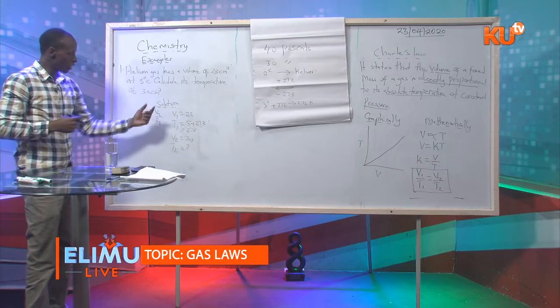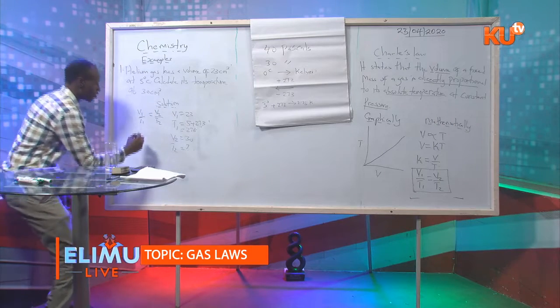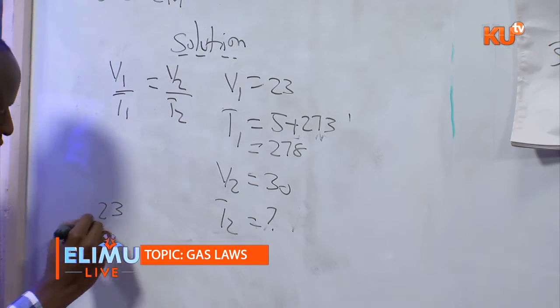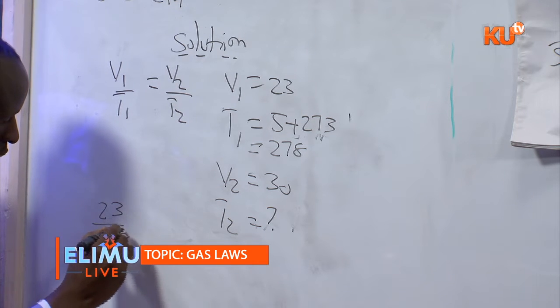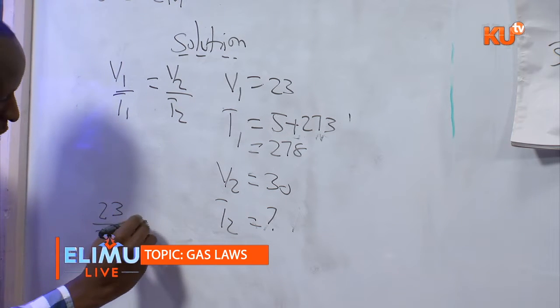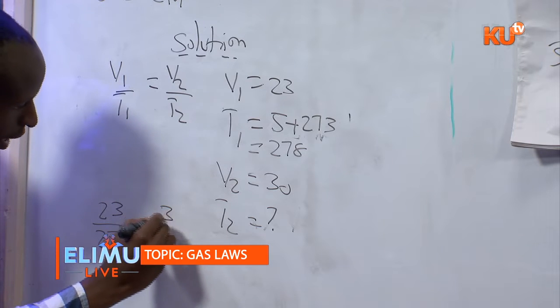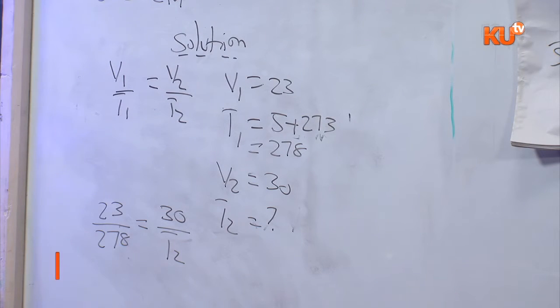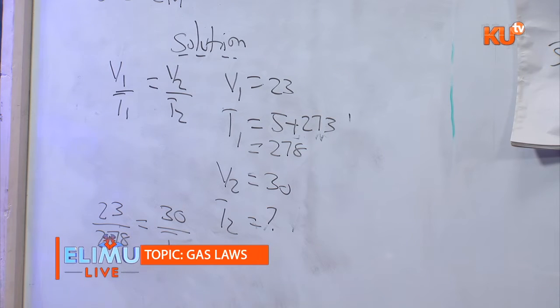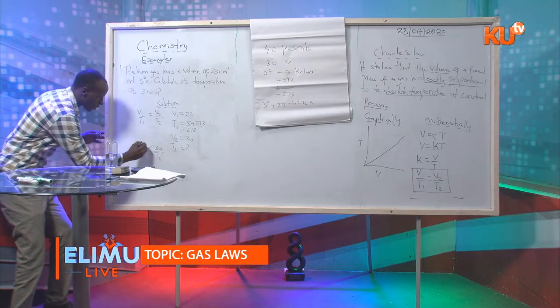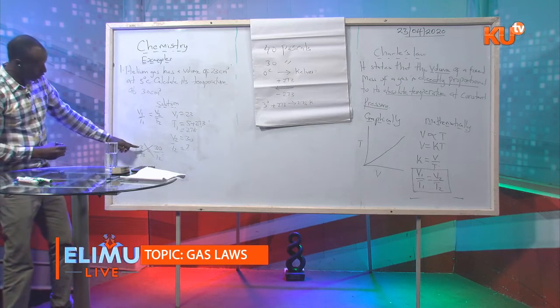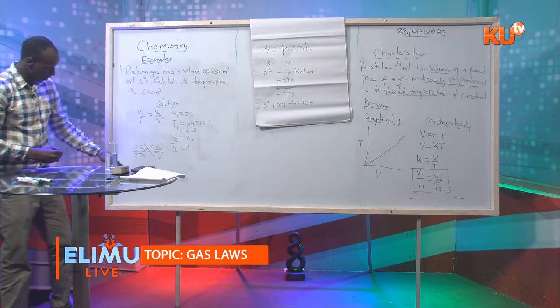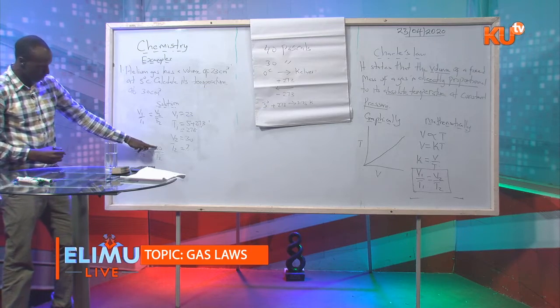Now substituting the values in the formula. It will be 23 over 278 equals 30 over T2. To solve this, since they are fractions, the best way is cross multiplication. Cross multiplication means you do 23 times T2 equals 278 times 30.